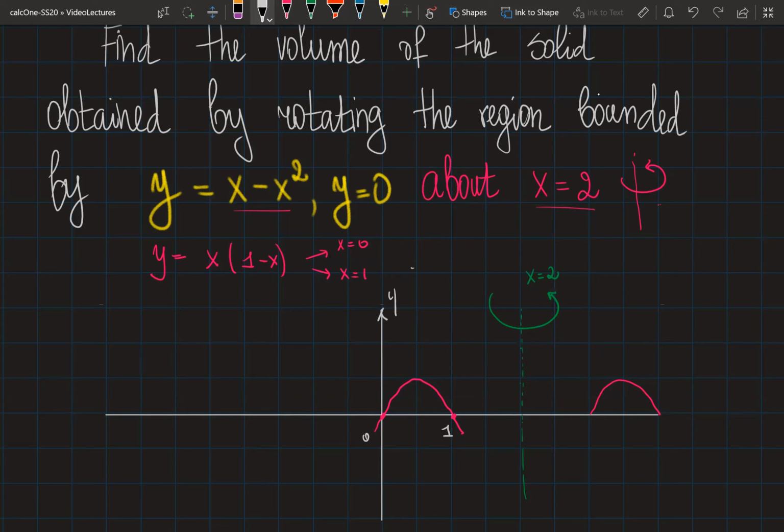So this is the y, this is the x. Let's create one cylindrical shell. I need to choose some point here on the x, right? Then we have to create this cylinder and the shell itself.